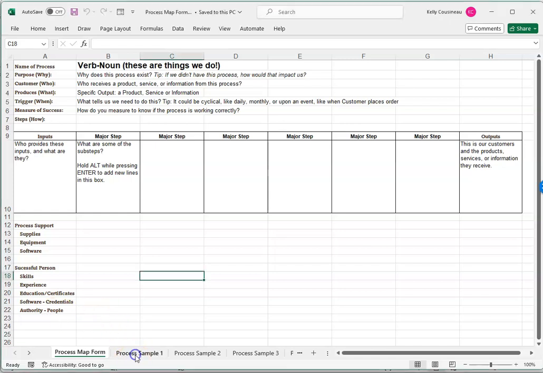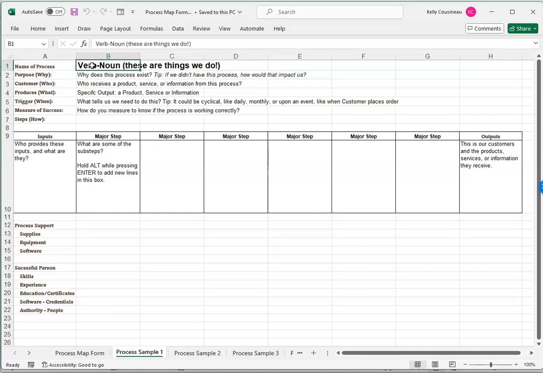And if I come here to my sample, I'm going to say that this is purchasing goods to support my operations or manufacturing. And as I've noted here at the top, it seems a little picky, but it's helpful to put this in terms of an action.